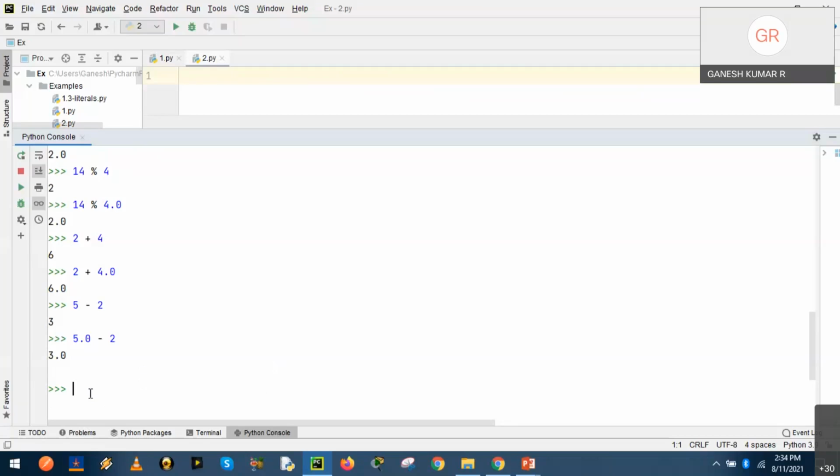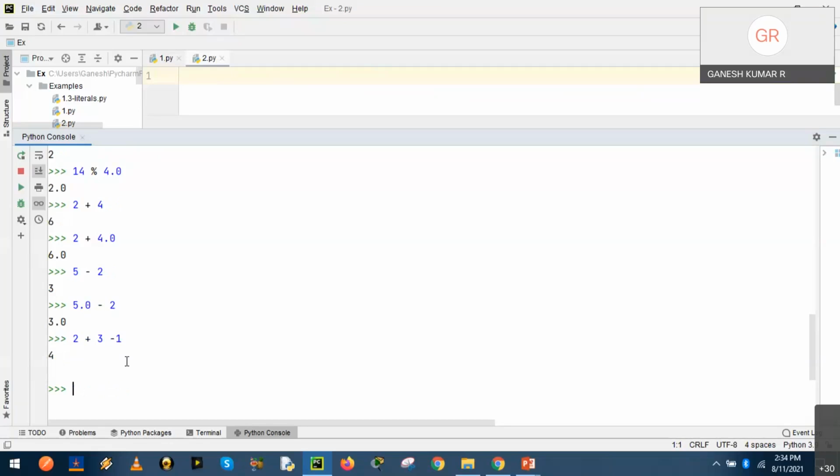For example, let me first explain 2 plus 3 minus 1. What will be the output here? Can you share the result? 2 plus 3 is 5, minus 1, 4, right?